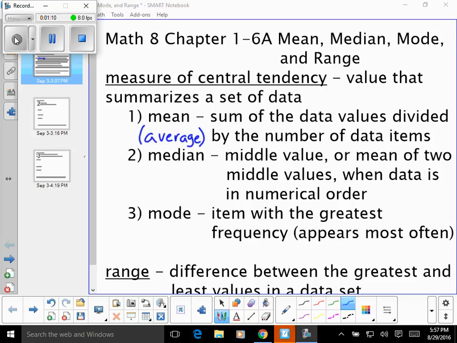Our next measure of central tendency is the median. If you've ever been down the highway, like on 151 going to Madison, or on any major interstate, you have a couple of lanes going south and another couple of lanes going north. In between them, there might be a strip of grass.